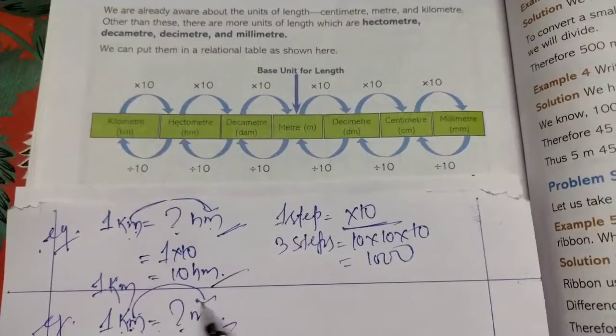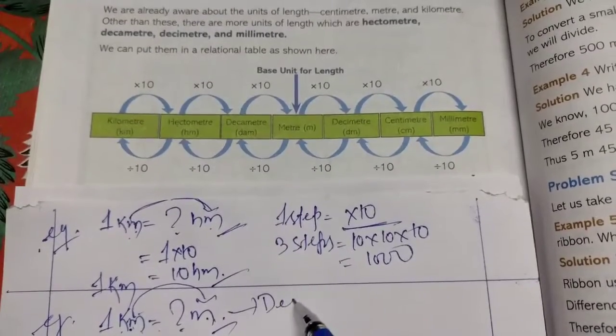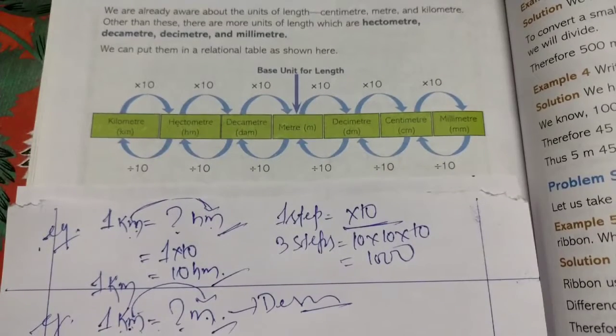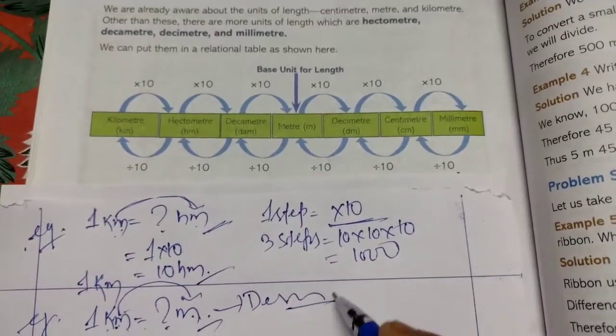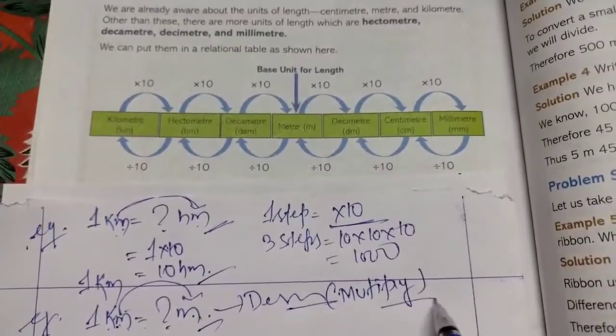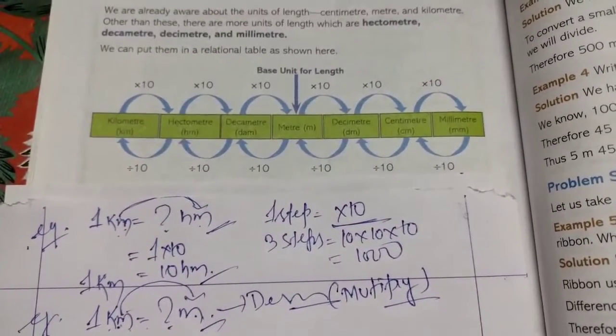Kilometer to meter, definitely I am moving in the descending order. So descending order means I have to do the multiplication.